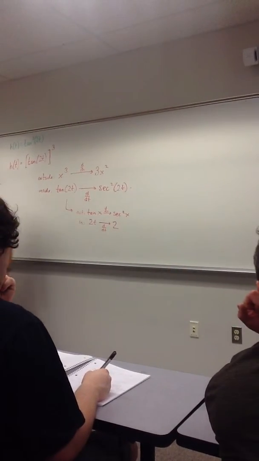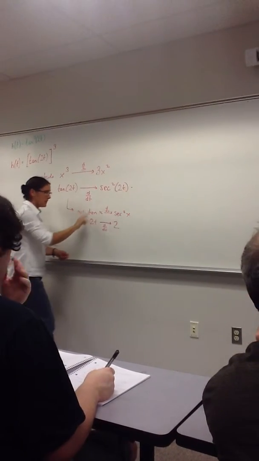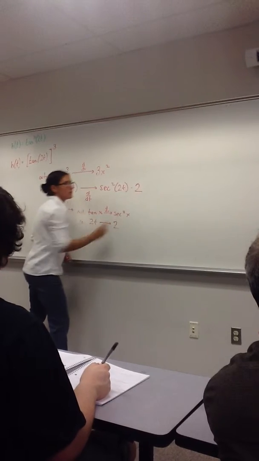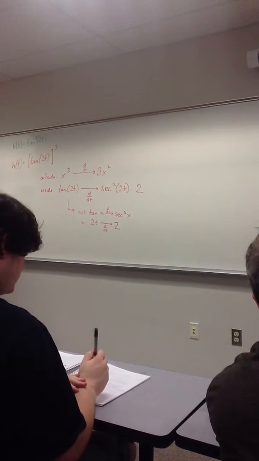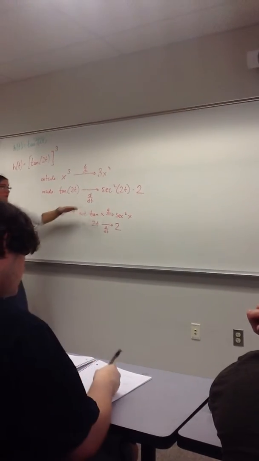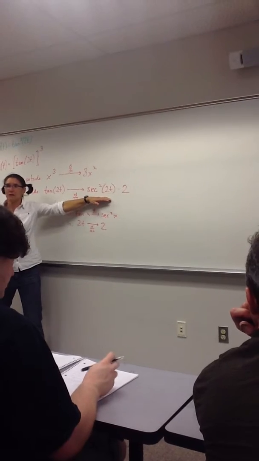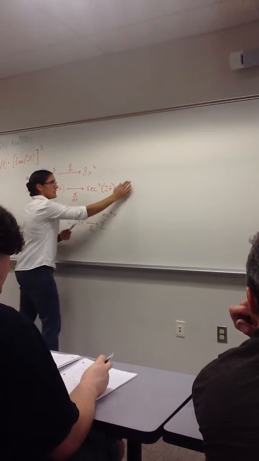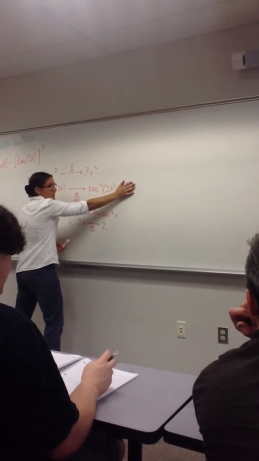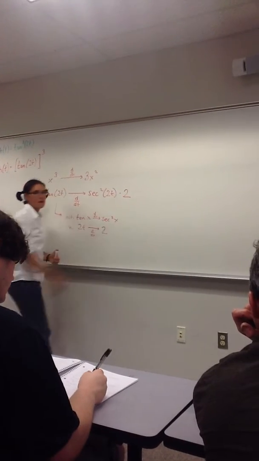Derivative of the outside, keeping the inside the same, times the derivative of the inside, which is 2. All right. Are there any questions on our derivative of tangent of 2t? Okay. Derivative of the outside, secant squared, keeping the inside the same, 2t, times the derivative of the inside, which is 2.